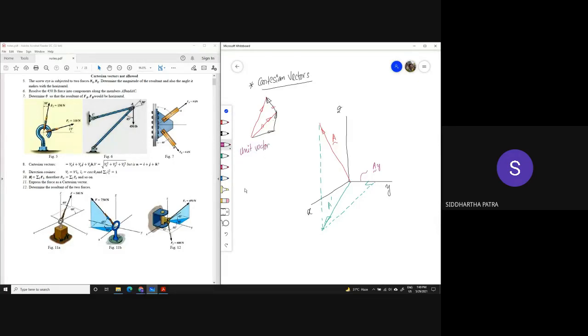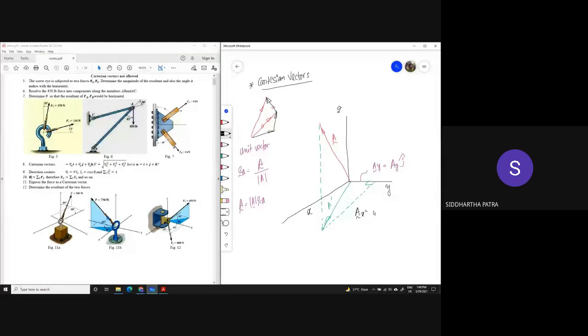For example, the unit vector along any vector A is simply A divided by the magnitude of A, and therefore we can represent A as that magnitude and that unit vector, which basically means I can represent AY as the magnitude AY times J. Now, the other component of A prime, which is essentially parallel to the x-axis, we can call AX.